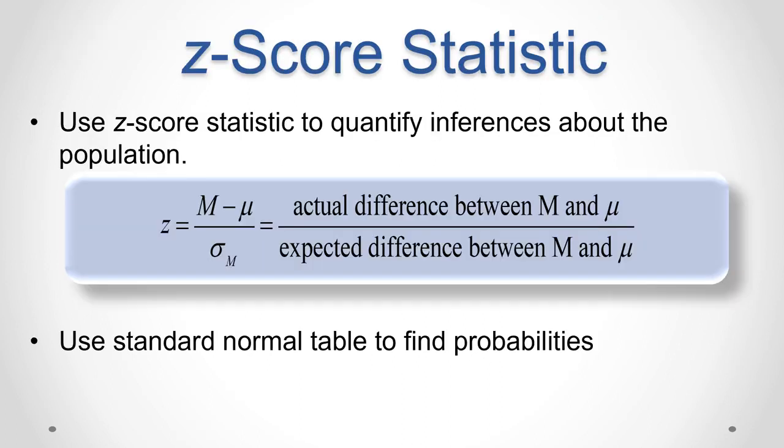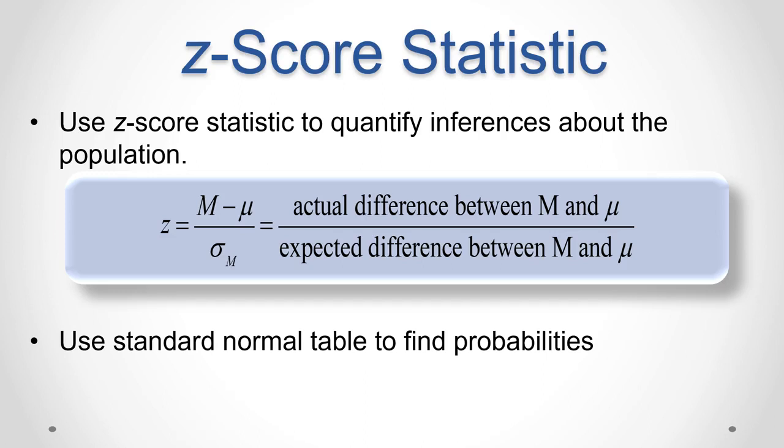We use the z-score statistic to help us make inferences or draw conclusions about population parameters. The z-statistic is equal to sample mean M minus population mean mu divided by standard error sigma m.